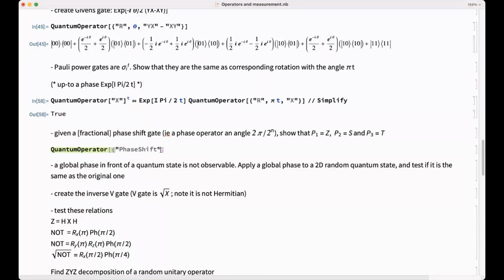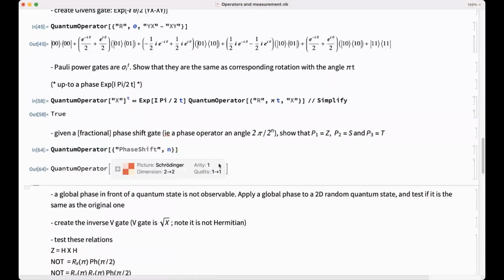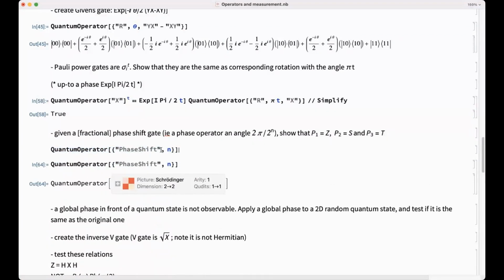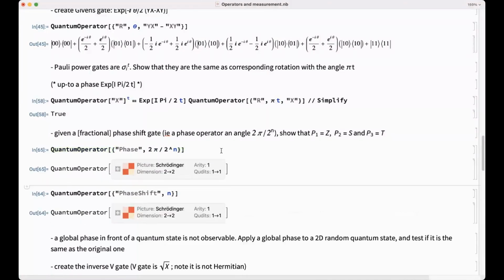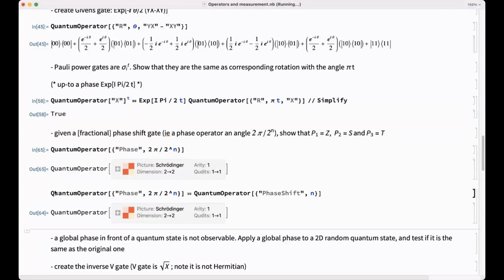Yep, and then n. So remember, whenever there is something common, very likely it is already in our framework.